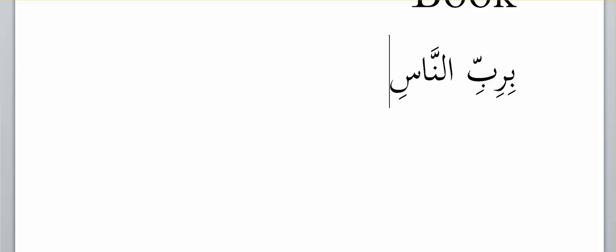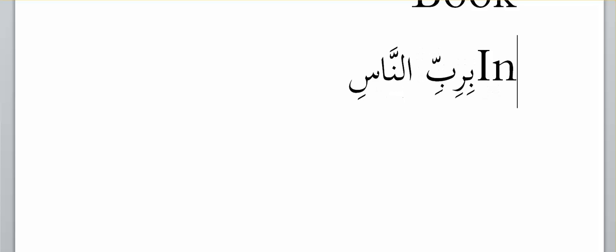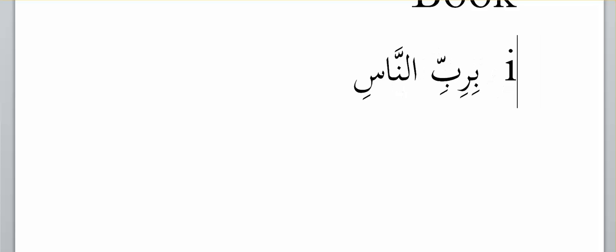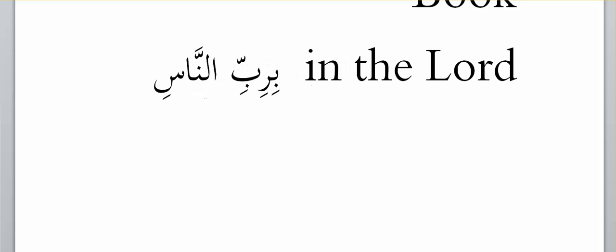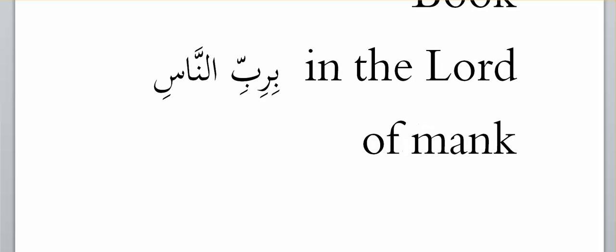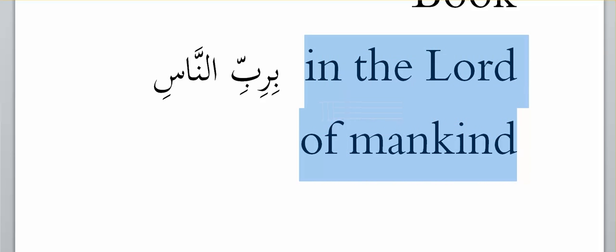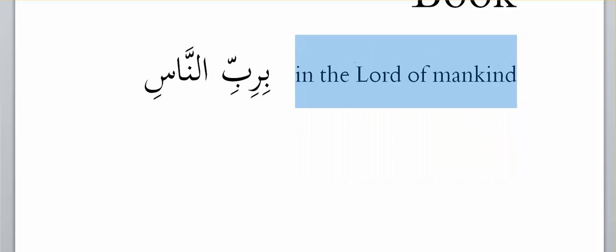Bi Rabbin Nasi. What does this mean? قل أعوذ برب الناس. Seek protection in or with the Lord of mankind. In the Lord of mankind. And I'll make the English font smaller so it stays on one line.